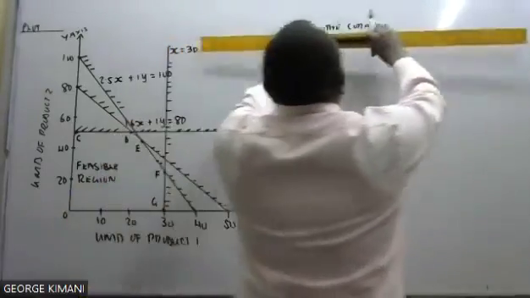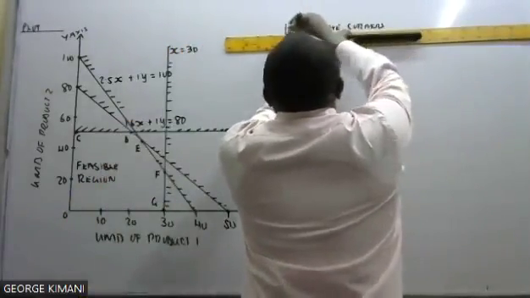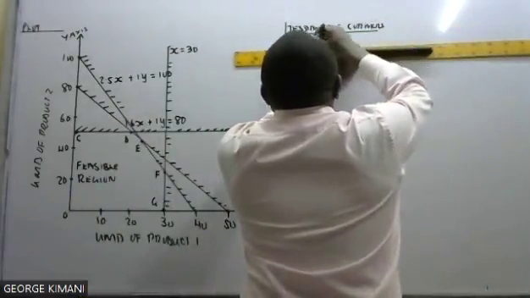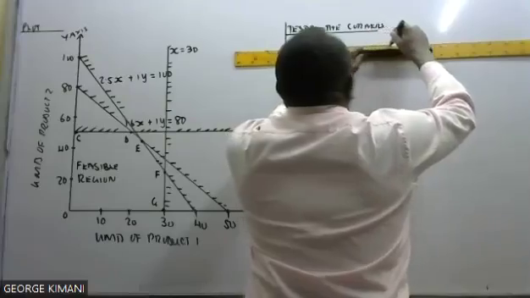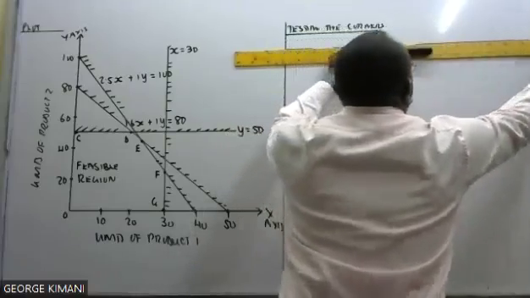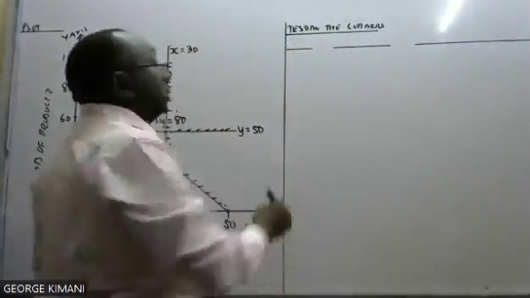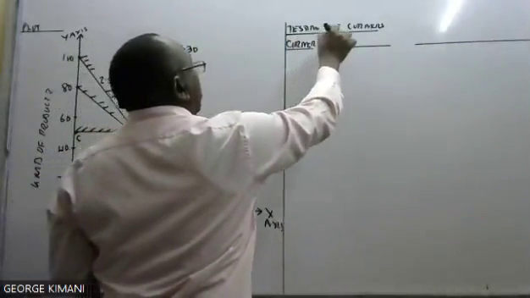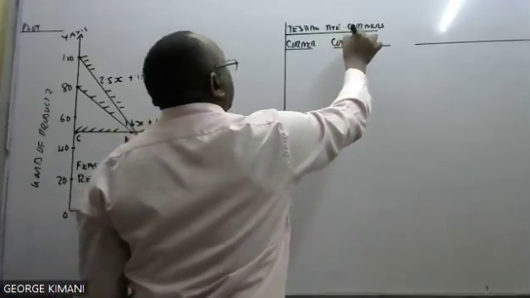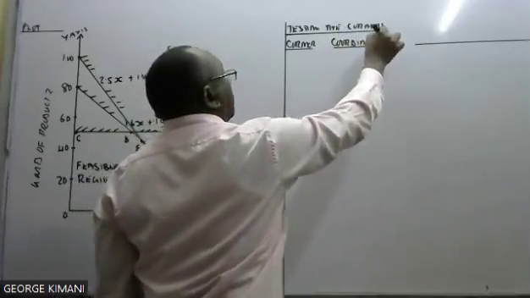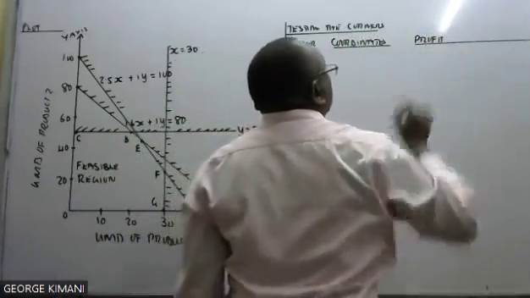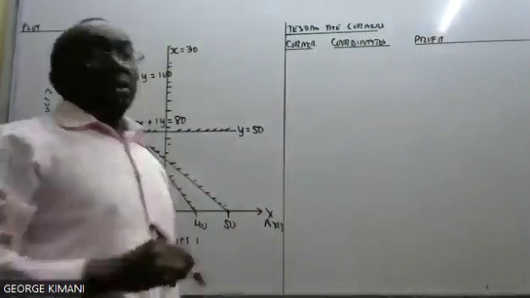Now in testing the corners, it is done like this. You have the corner here. You have coordinates. And then you have the profit.